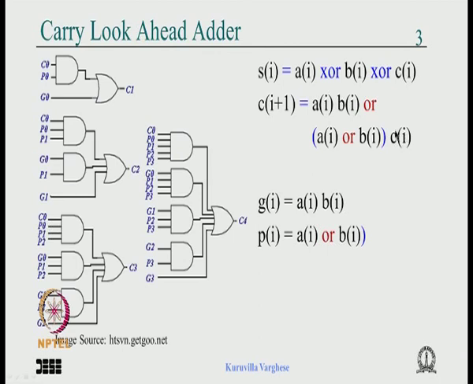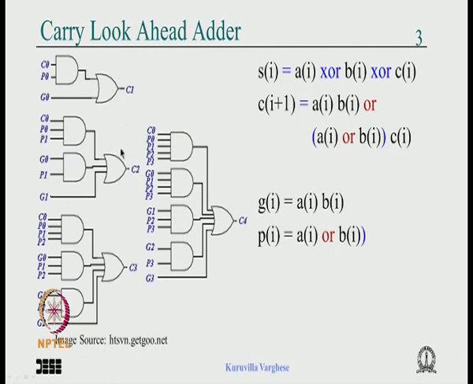So whatever is the C1 equation is substituted, expanded into a 2 level kind of structure. Only difference is that this is made common, Ai, Bi and Ai or Bi, because that is used everywhere. So there is another level of gates, that's all that happens.